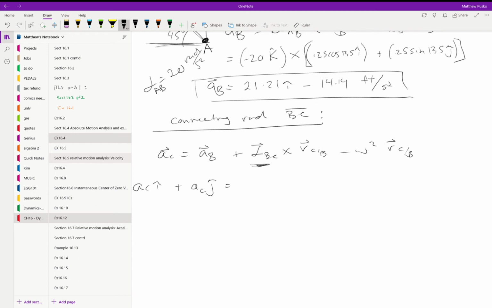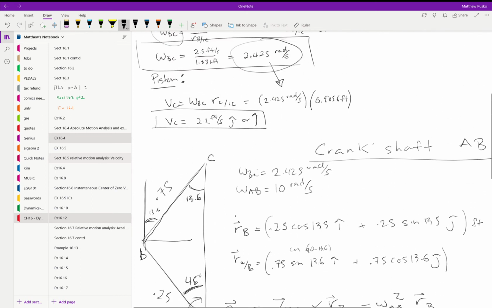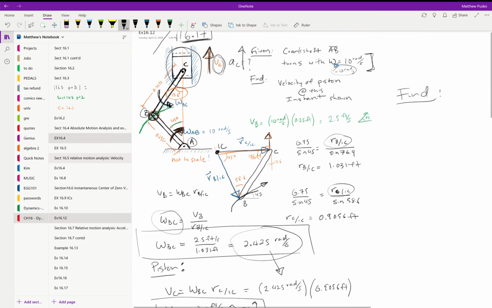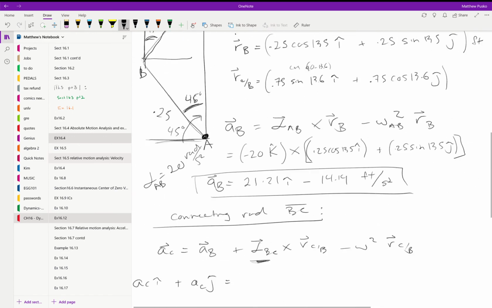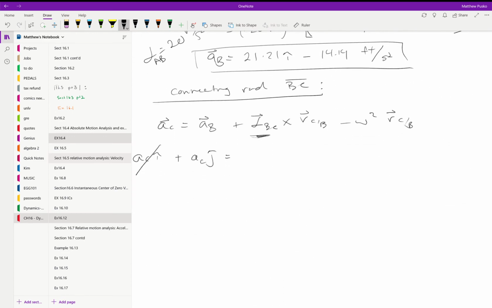Just assume that we have them. Let's take a look at the picture. Actually, in this case, we can cross out that it has to be in the y direction or J direction only. So we get to cross one out. Always take a look at your geometry. Okay, and we found the acceleration of B was 21.21 I minus 14.14 J.